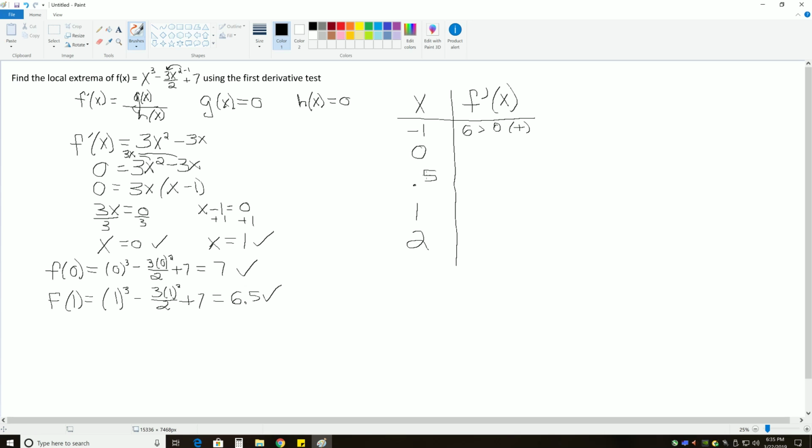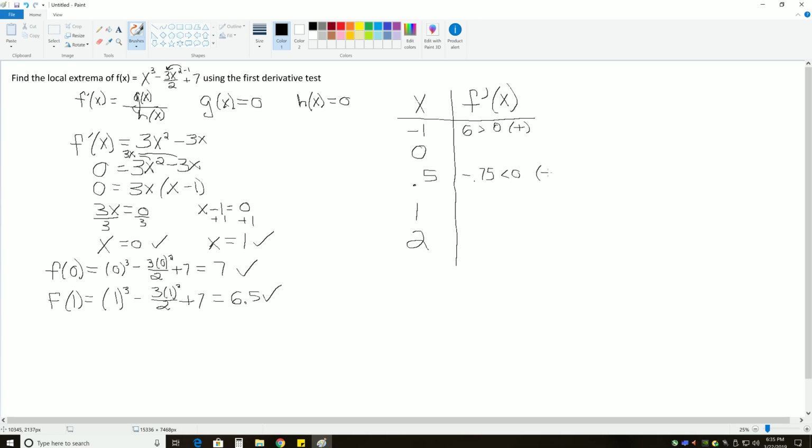From there, we plug in our 0.5. When we plug in 0.5, I'm just going to quickly do this on a calculator, just for the sake of time. We end up getting -0.75, which ends up being less than 0.